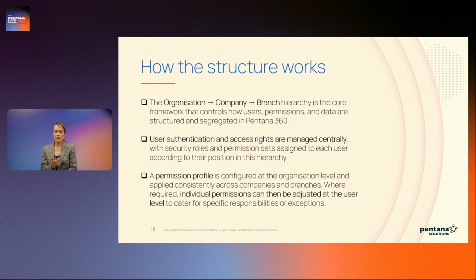When you have specific responsibilities or exceptions, you can apply the organization level profile as a base and then fine-tune individual permissions at the user level. So think of it as: structure defines scope, which organization, company, and branch a user belongs to. Permission profiles define what a user can do. Individual overrides allow controlled exceptions when needed.